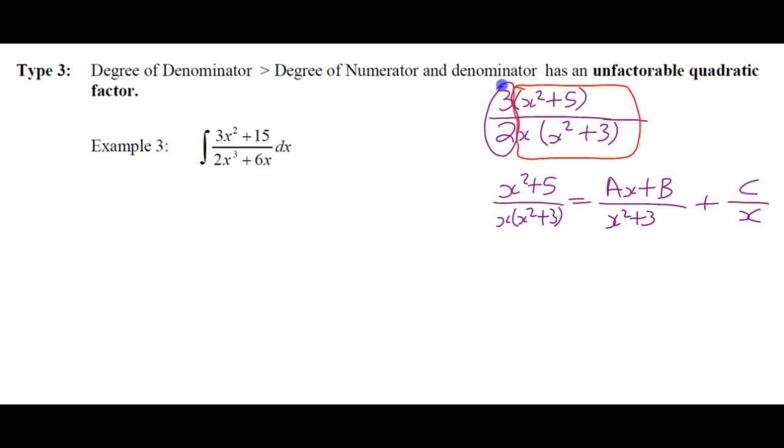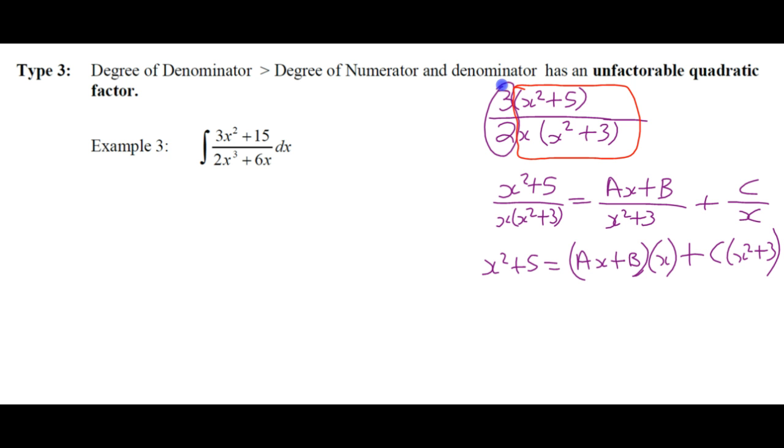The unfactorable quadratic factor. Okay, so expanding, we end up with x squared plus 5 is going to equal (ax plus b) times x, right? So you're going to multiply these, plus c times (x squared plus 3).